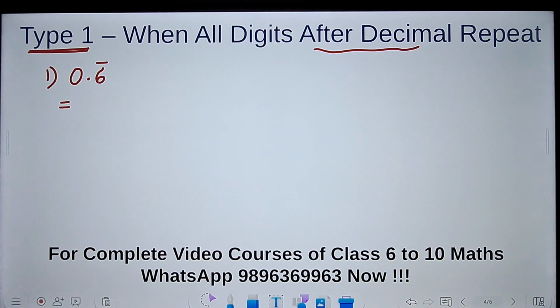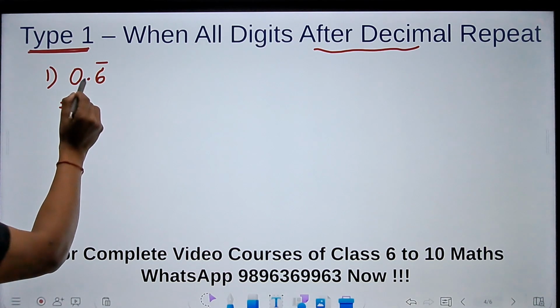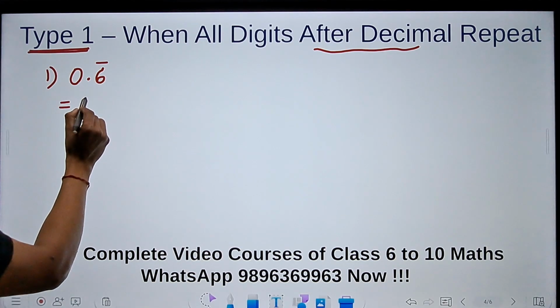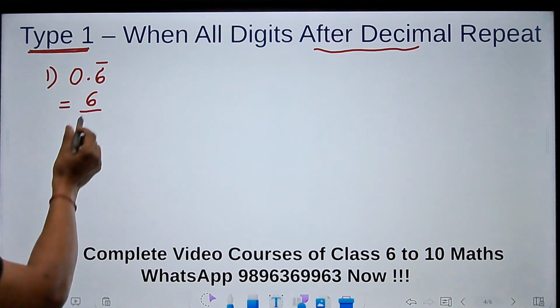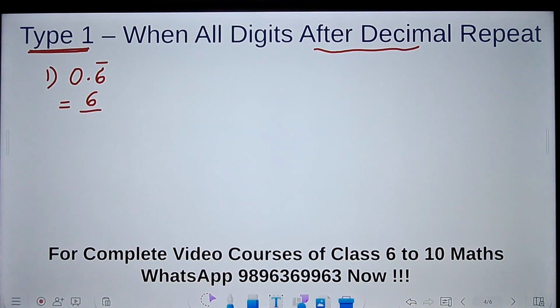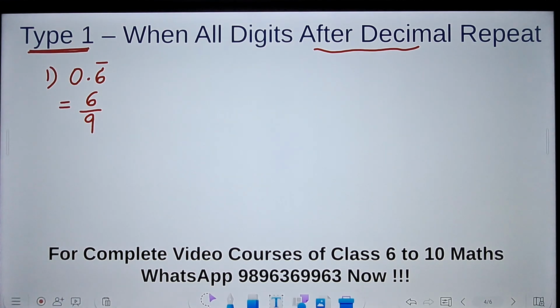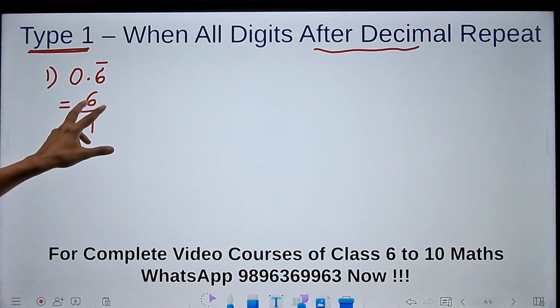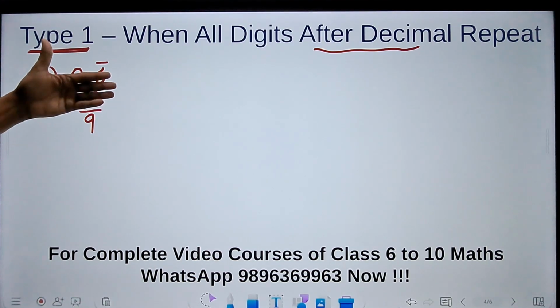We have to first forget the bar. So if you forget the bar, this is going to become what? 0, 6. That means 6 only. And divided by, if there is only one digit which is repeating, divided by 9. Okay? If there are 2 digits repeating, divide by 99. 3 digits repeating, 999. And so on.